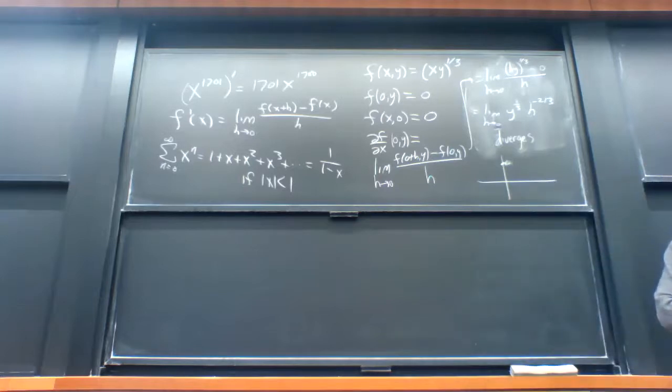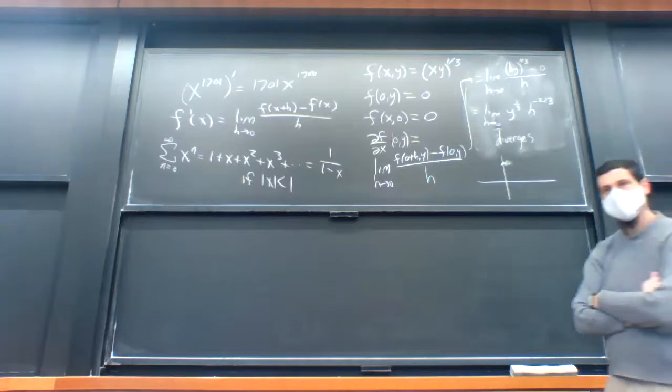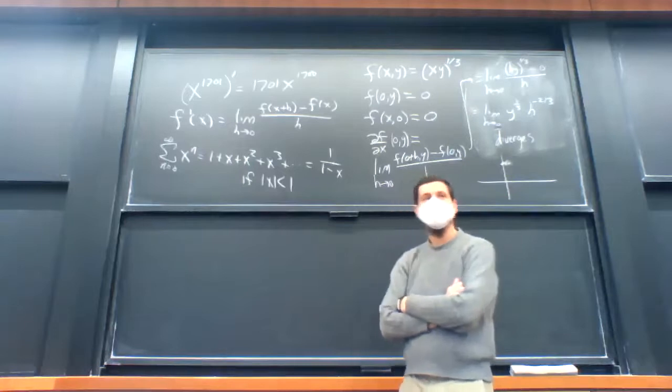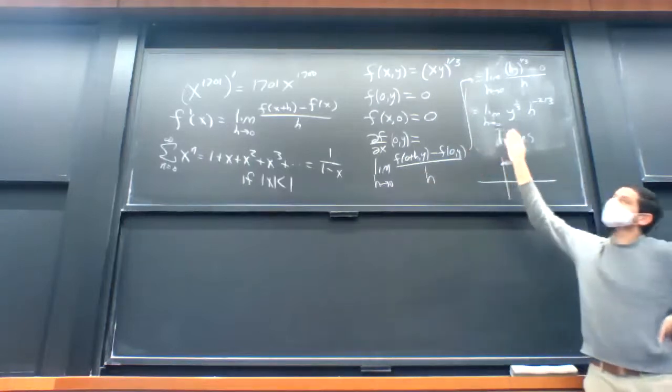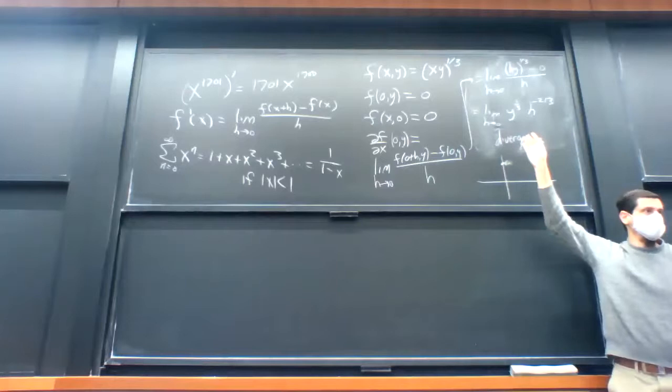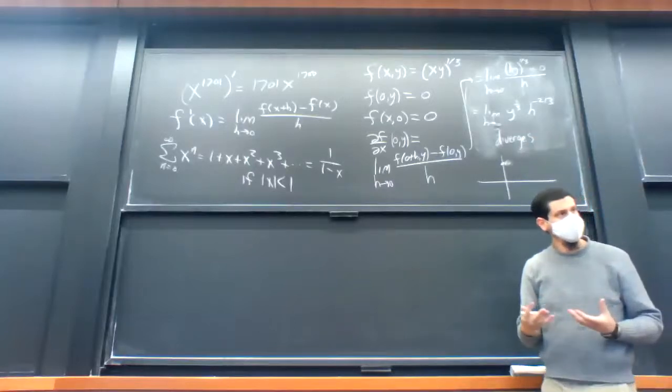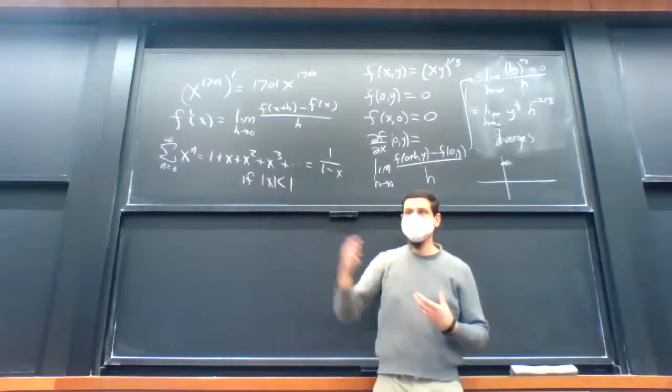Is it going to 0 or is it going to infinity? So you have x times y to the 1/3. So the fixed value of y, as x gets smaller and smaller and smaller, think of x as h, it's a small number. Is h to the 1/3 going to infinity or is it going to 0?